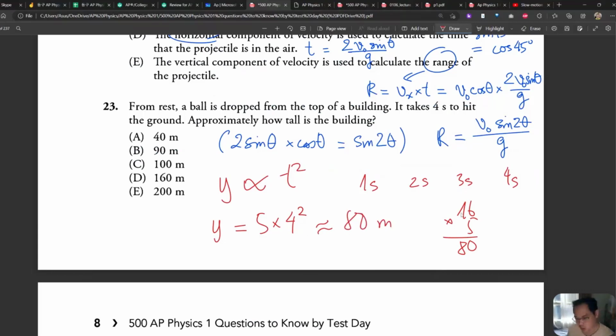But there's no answer like 80. Wait, 4 squared is 16, multiplied with 5, which is half of 10. So 80, and the closest value is 90.